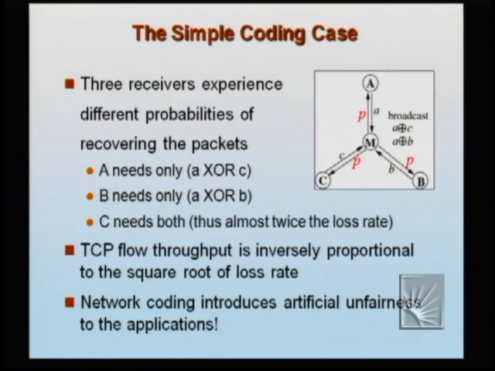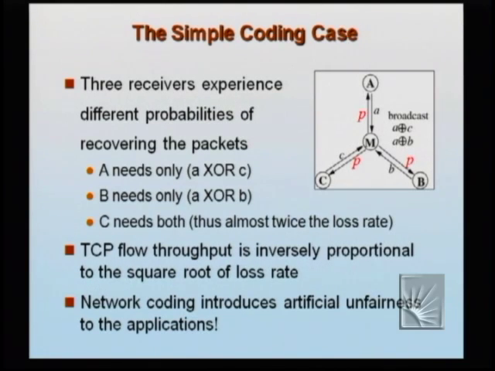Okay, let's think about this example with a simple, non-redundant coding scheme. Assume the 3 receivers have the same loss rate on their outgoing links. The 3 receivers will actually experience different probabilities of recovering the packets. So A needs to recover C. It has A, so it needs only A XOR C, right?